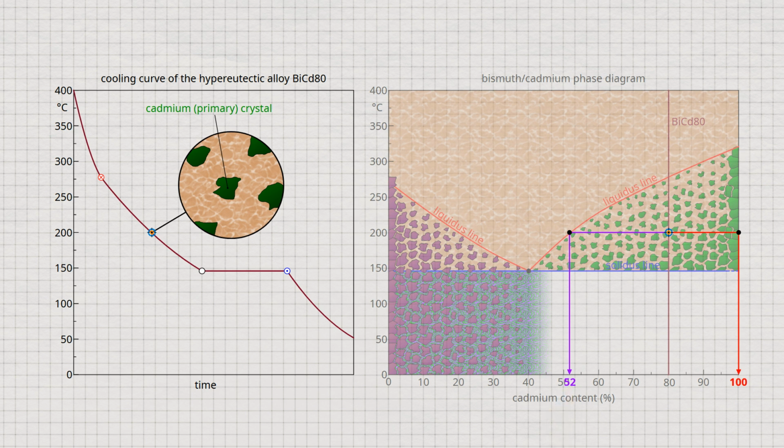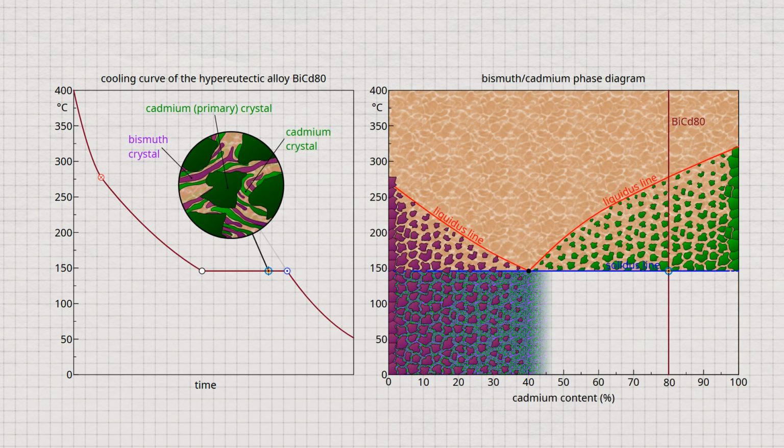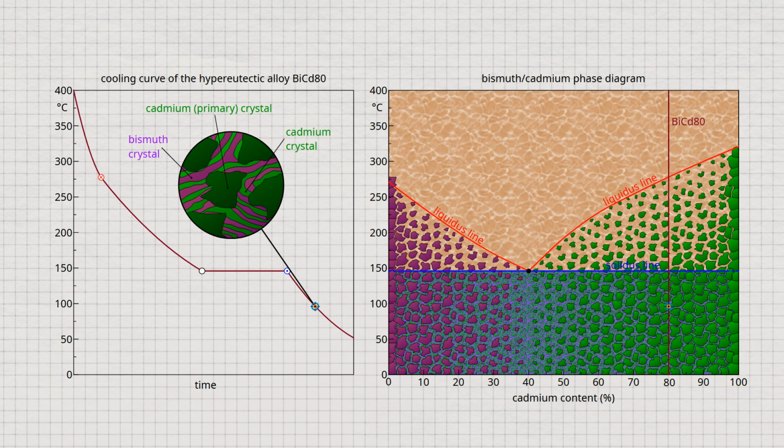Finally, at 146 degrees Celsius, the melt has a cadmium content of only 40% and has therefore reached the eutectic composition. The residual melt now solidifies to form the eutectic. In the solidified microstructure of the hypereutectic bismuth-cadmium alloy, the primarily precipitated cadmium crystals are embedded in the eutectic.